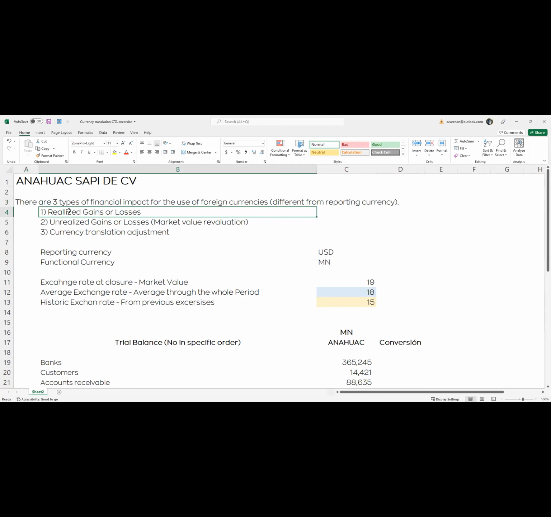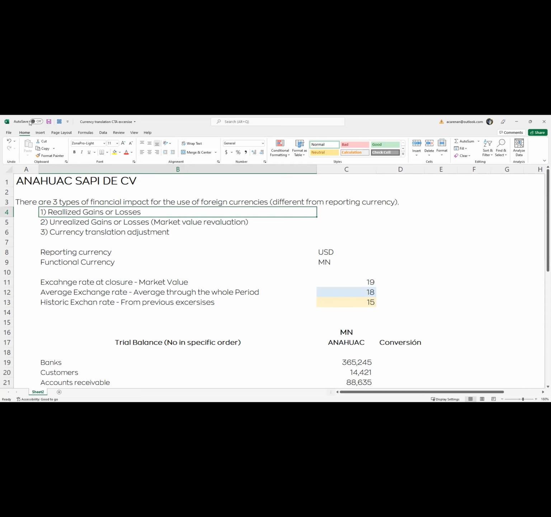The first is realized gains or losses. Who can explain this line to me? Is it when you record the gain or loss that you get from the exchange rate of the transaction?